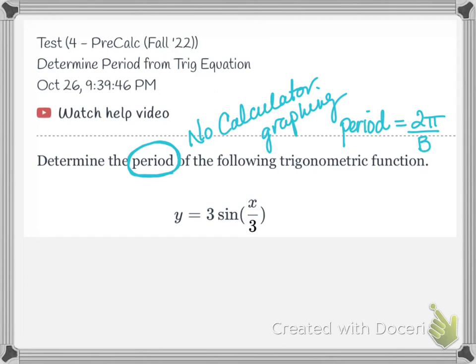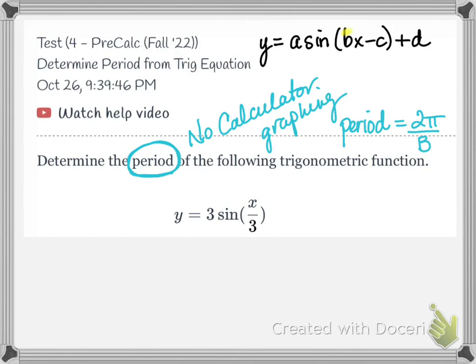The equation on the worksheet that you have in front of you was y equals, for instance, a cosine. You know what? Let's use sine since this problem is sine. y equals A sine (bx minus c) plus d.